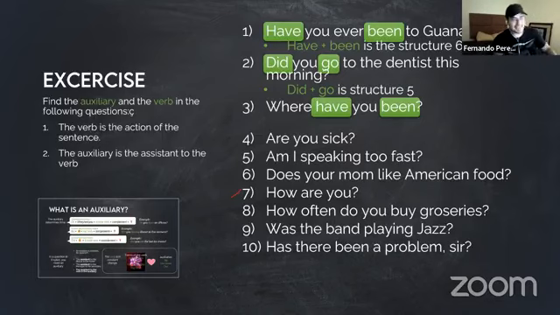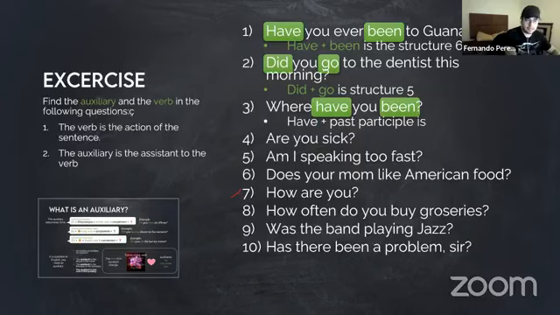Exactly. Have you been? Here we have again the same pattern as in number 1. Have plus verb in past participle is structure number 6.